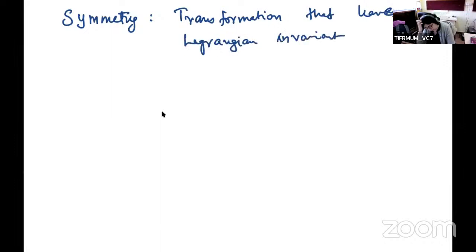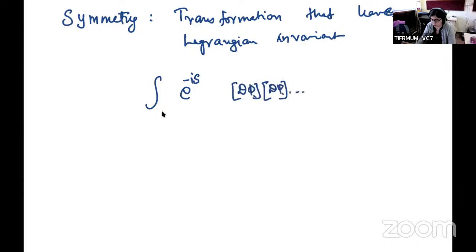So if you remember the path integral formulation, what you have is an amplitude that is given by an integral where you have the action exponentiated, which gives you the amplitude corresponding to each path that is taken by your particle, and then you would just integrate over whatever fields you have in your theory, right?